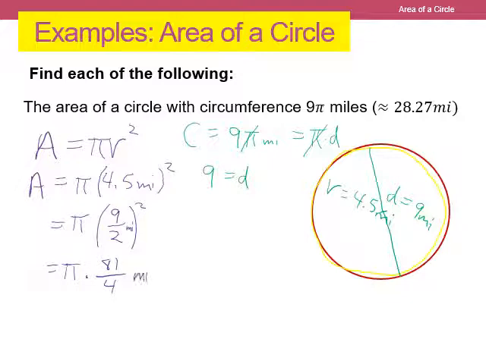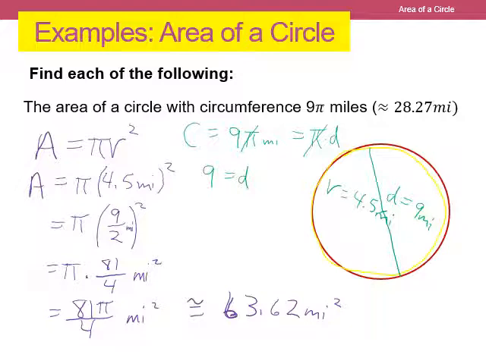We have square miles. So our answer is 81 pi over 4 square miles. If I put that in my calculator, I will get 63.62 square miles. So the answer is 63.62 square miles.